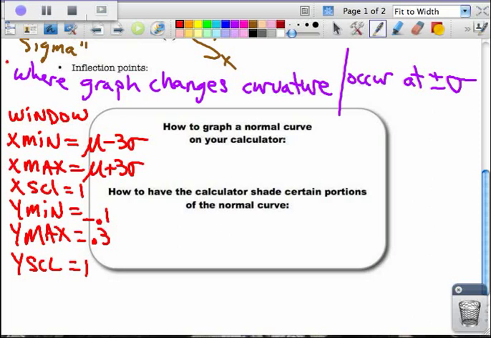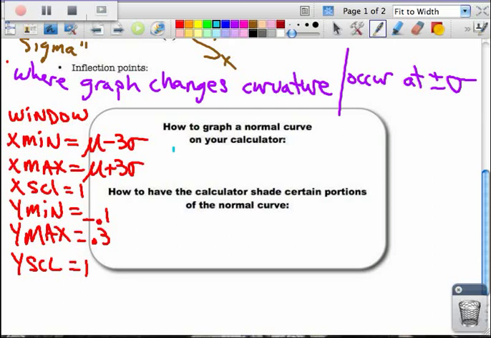Now, there's two things that you can do in your calculator. The first thing is if you want to graph a normal curve. So to graph a normal curve, it looks like this. Again, this might not make any sense until we do our problem, but it's a reference page only, like the formulas you have to memorize.